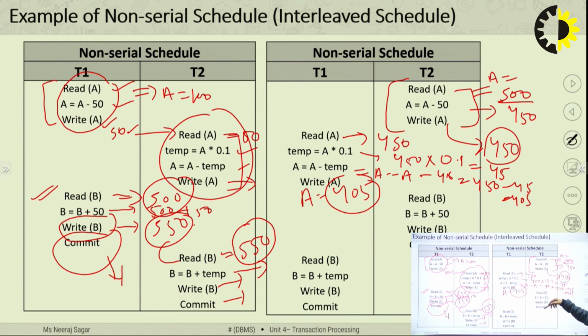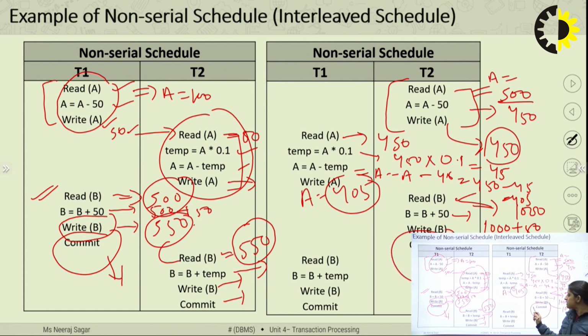Now again after this part of T1, we start T2, and first T2 reads B. Suppose we initially take B as 1000, then it performs this operation B equals B plus 50, that is 1000 plus 50, and writes B. After this we perform the commit operation in the T2 transaction.